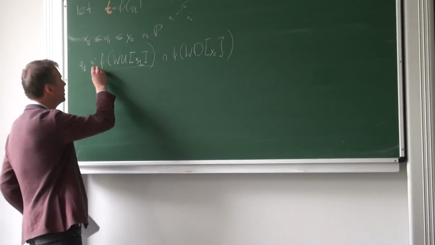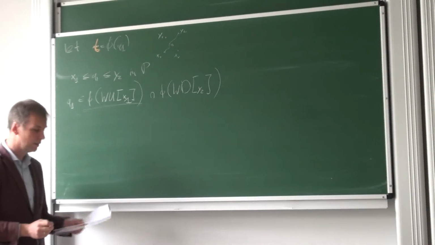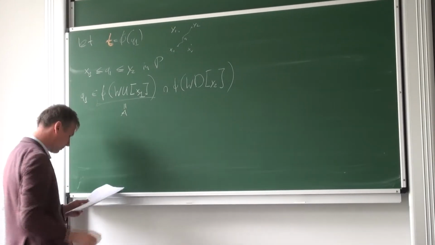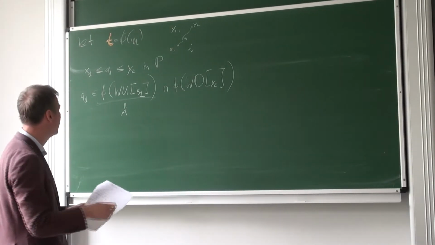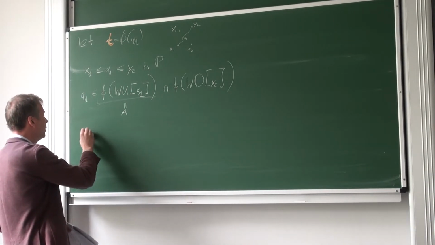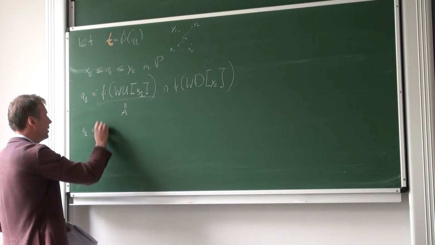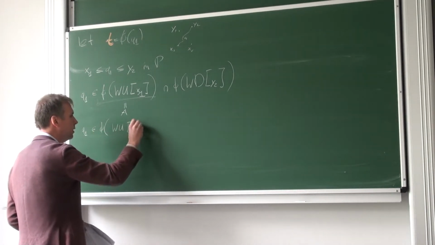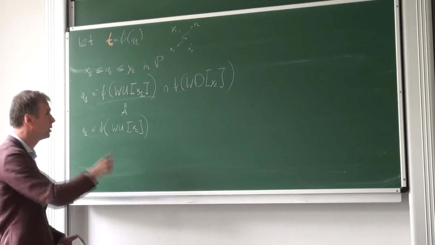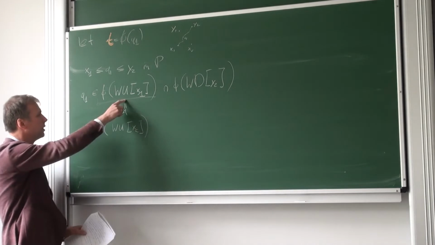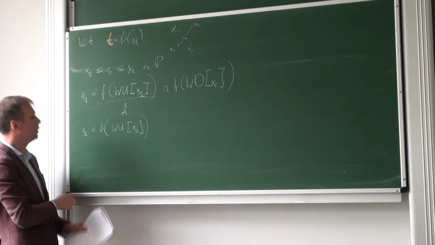So this set here is A. So in particular, I know that Q1 is in the weak upset among the colors of the x2, not x1 but x2, because it's the same set. Yes.